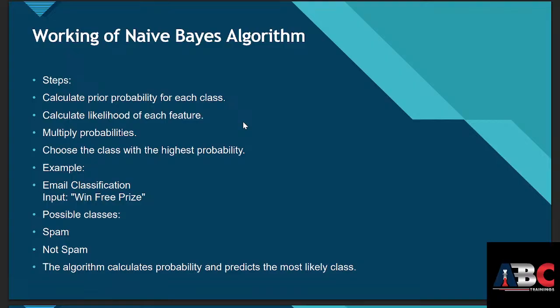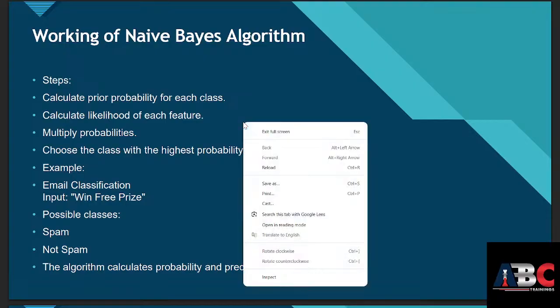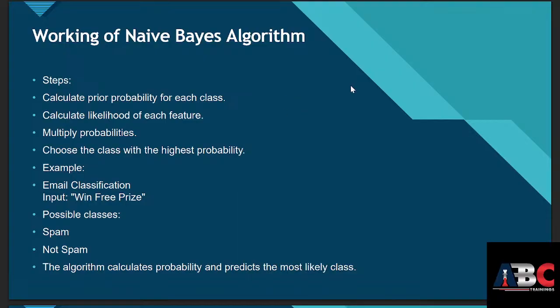The first step is to identify the features: the words win, free, and price. Then calculate the probability of the words appearing in spam emails and the probability of the words appearing in non-spam emails. Then compute the class probabilities by multiplying the probabilities for each class.